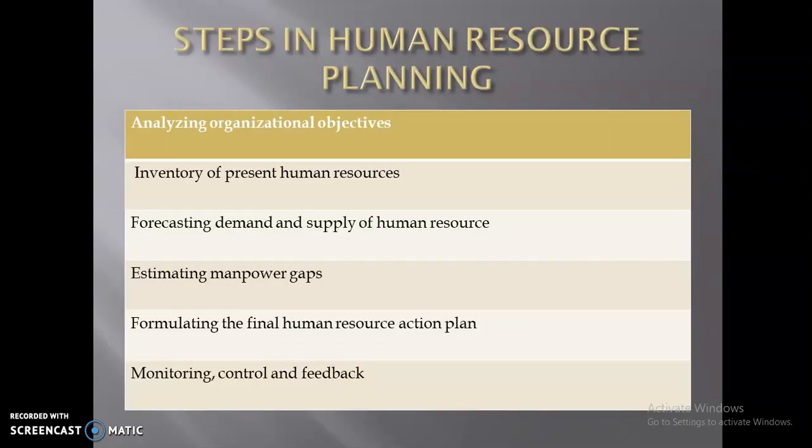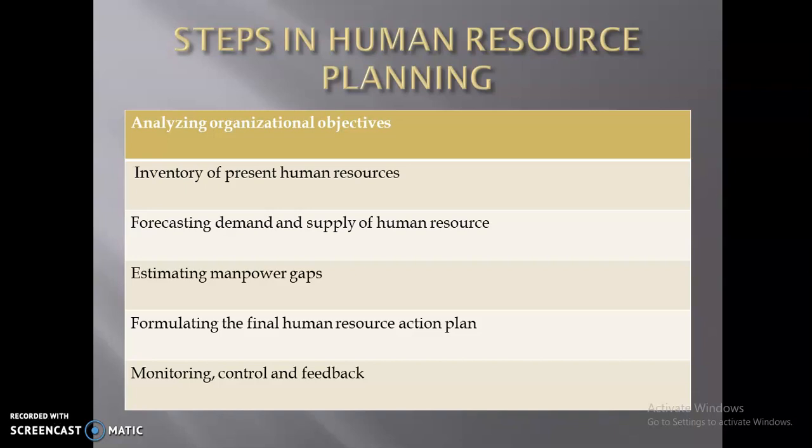Steps in human resource planning. Now see, from the time an employee enters an organization till he exits, human resource management has a huge role. The first one is human resource planning. There are 6 steps in human resource planning.